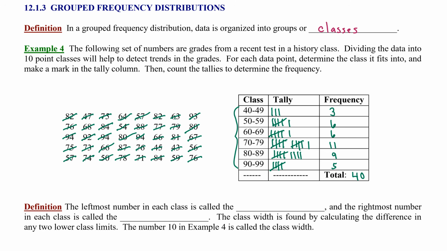One important thing I want to point out about the classes is that the leftmost number in each class, for example, this one, the leftmost number there, is called the lower class limit.